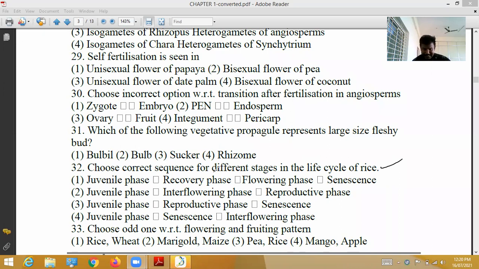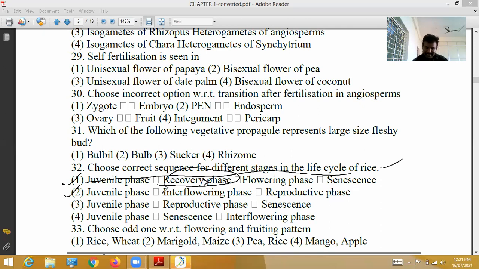Choose the correct sequence for different stages in the life cycle of rice. The stages of living organisms are common in plants and animals, which we already discussed. First option: juvenile phase, recovery phase, flowering phase, senescence phase. It is a wrong option. Recovery phase, what can be recovered? So a recovery phase won't be there. Option 1 is wrong. Let's see option 2: juvenile phase, interflowering phase, reproductive phase.